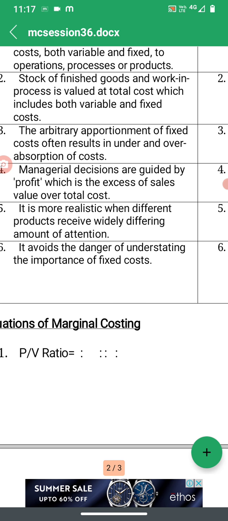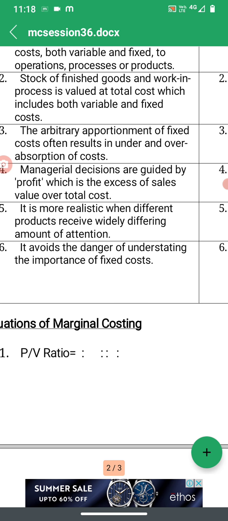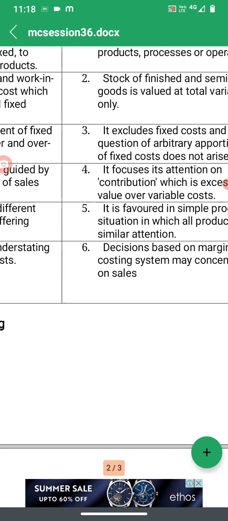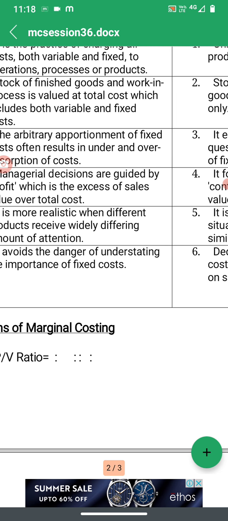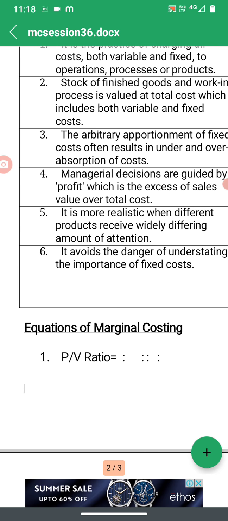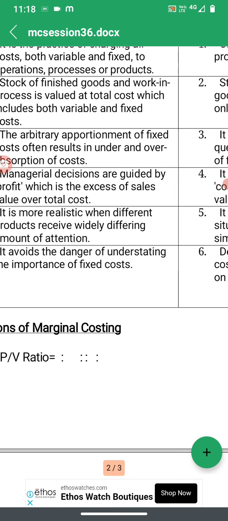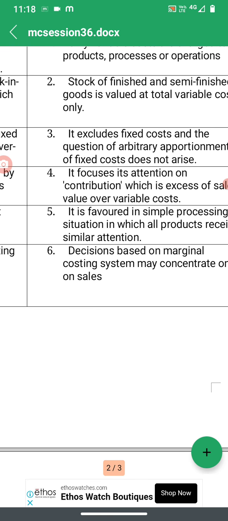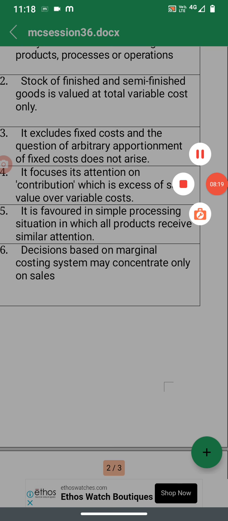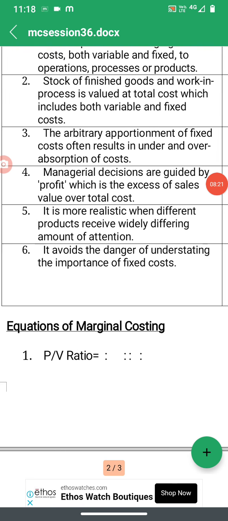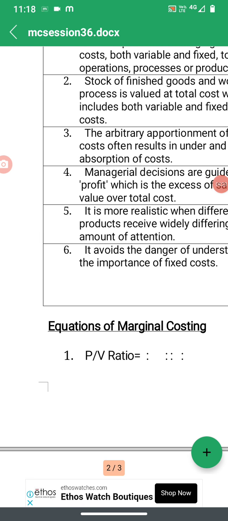It is more realistic when different products receive widely differing amounts of attention, but absorption costing is favored in a simple processing situation in which all products receive similar attention. Okay, and it avoids the danger of understating the importance of fixed cost, but decisions on marginal costing may concentrate only on sales, not exactly on the costing part of it. So this is the absolute difference between absorption costing and marginal costing.